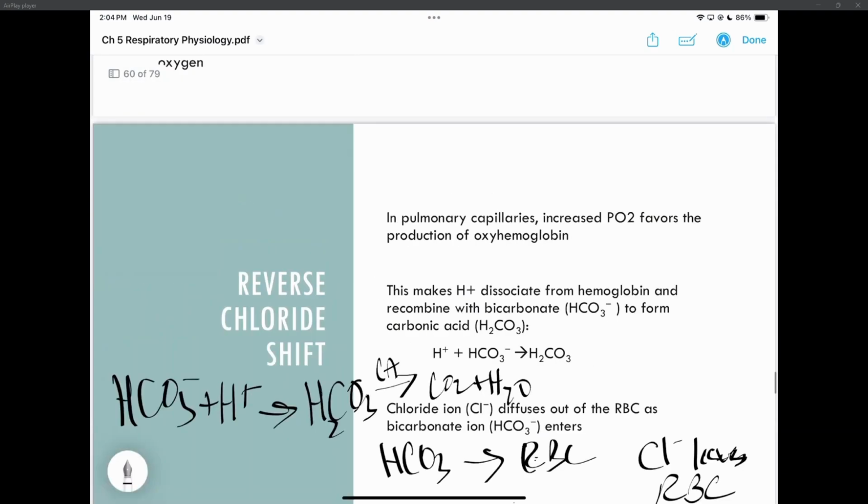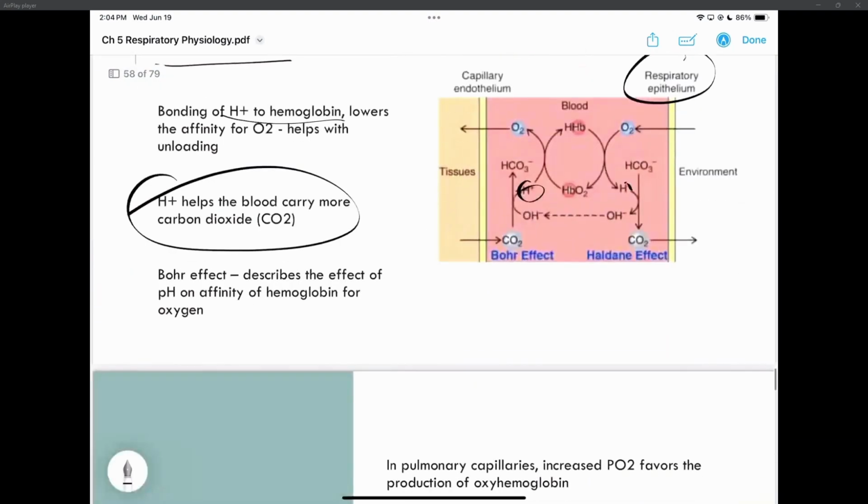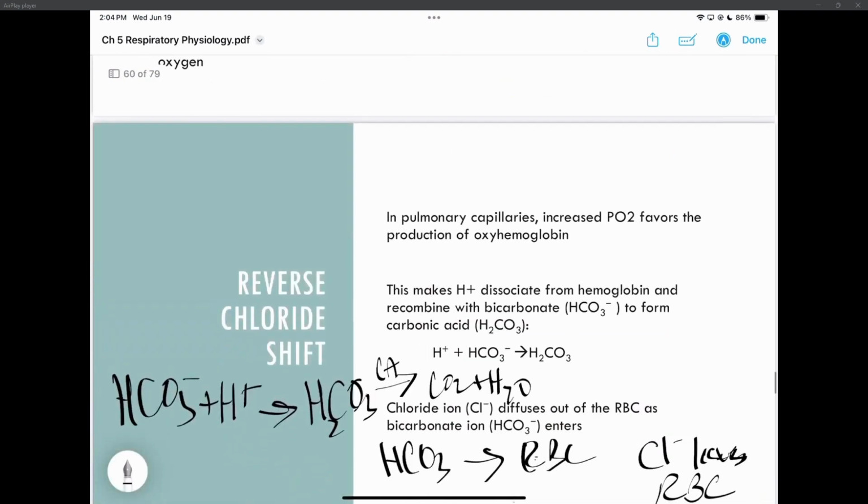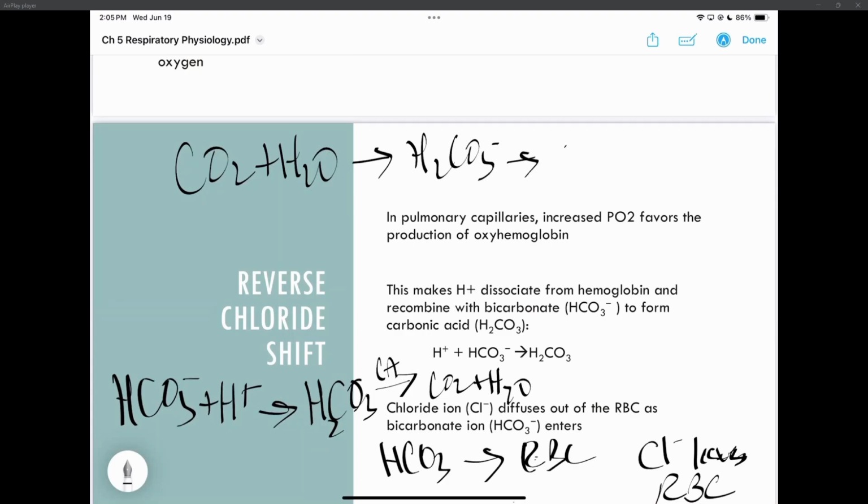So if you understand the formula up here, the long way to write it, I'll just do the whole thing again, so it's all one line. One way is CO2 plus H2O. Where does this equation occur? Tissue or the lungs?